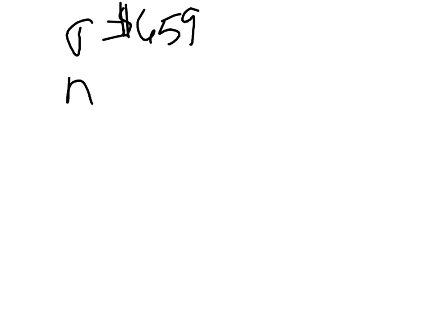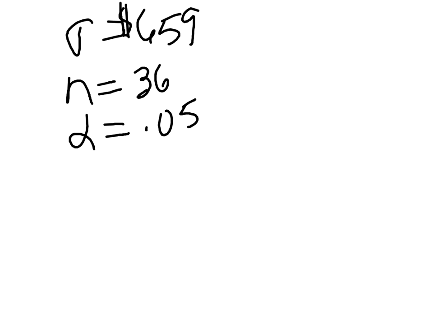The population standard deviation is $659, and a sample of 36 4-year public colleges was taken. Now, we want to test this at alpha equals 0.05. Now, I'm going to do everything 2 ways, but then it really boils down to 1, as you'll see.